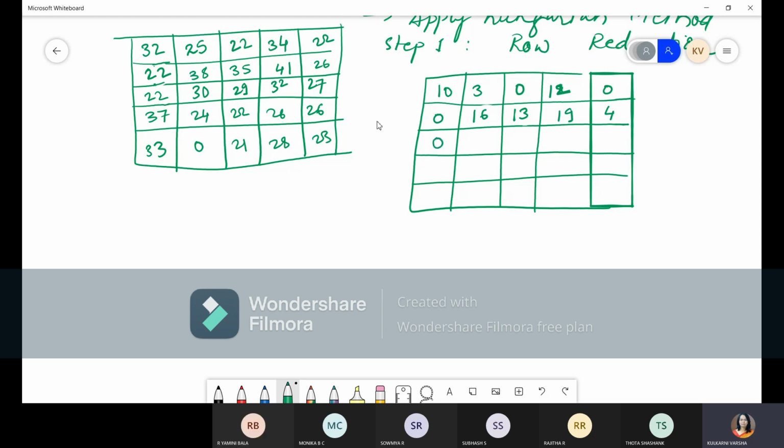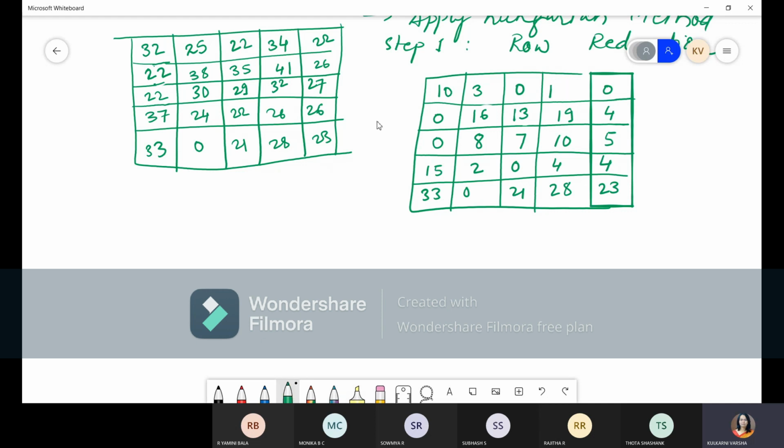So this is 0, this is 8, this is 7, this is 10 and 5. Then in this, the lowest is again 22. So this will be 15, this will be 2, this is 0, this is 4 and 4. And in the last, 0 is the lowest value, so there won't be any change. So we'll write the same values, and 23, right? So we got now all the values after the row reduction.